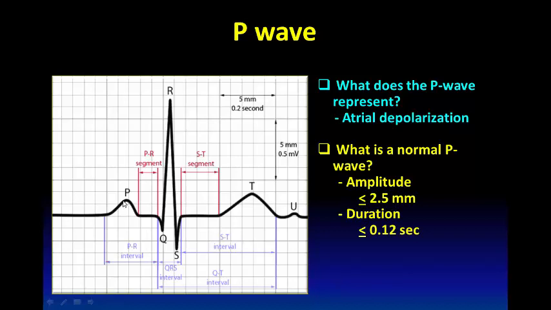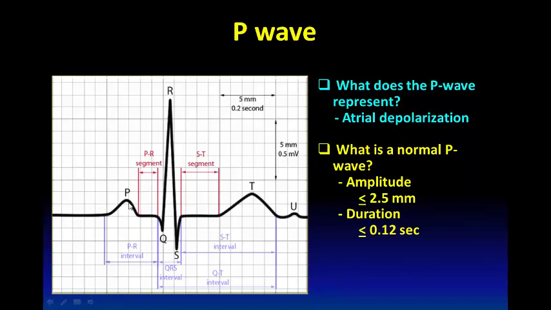What is a normal P wave? A normal P wave has an amplitude, a voltage, which is equal to or slightly less than 2.5 millimeters.